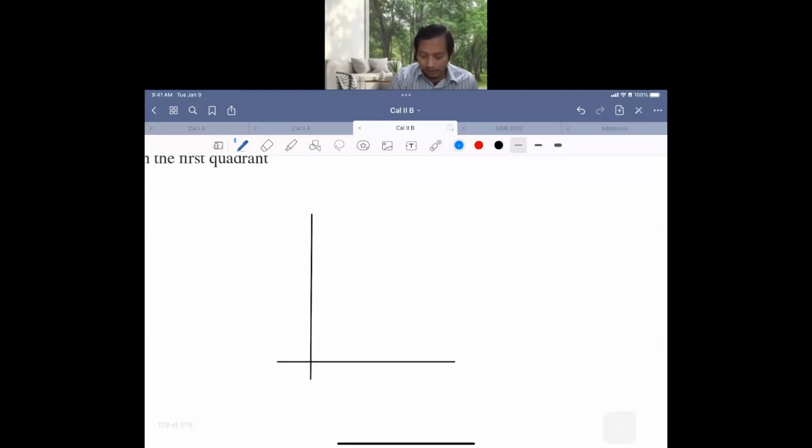The point for 2x minus 1 is too small, so maybe make it a little bit bigger.